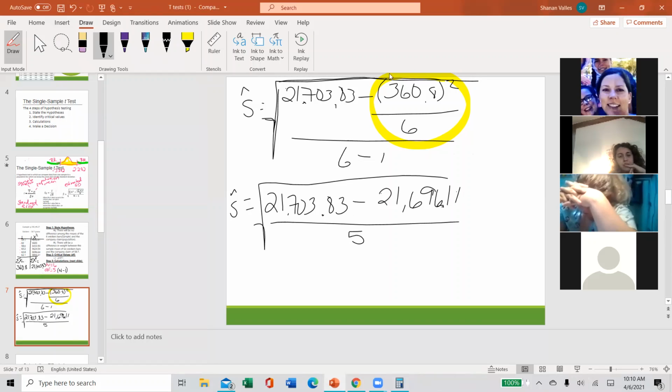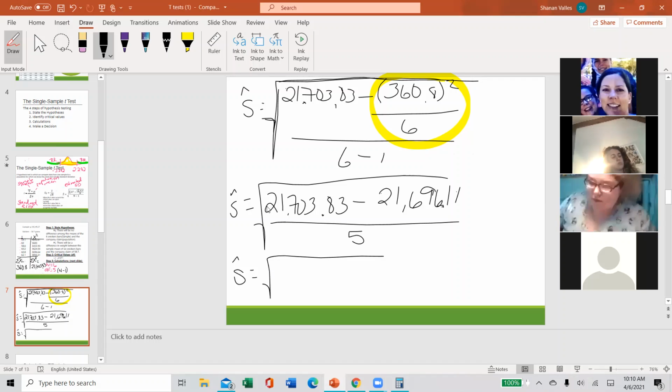Any questions over this step right here of what we just did? We're okay with that? Okay, good. Now we can subtract this: 21,703.83 minus 21,696.11, and I get, oh my gosh, it really brings it down very small, 7.72.